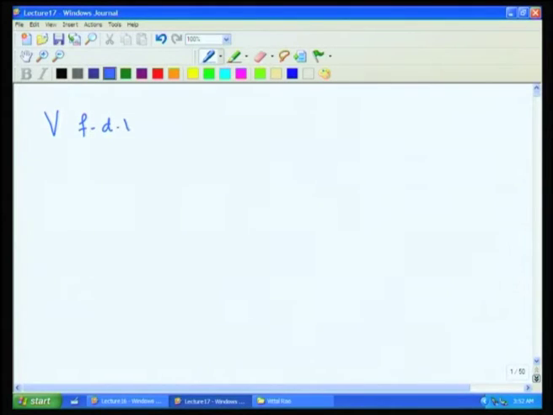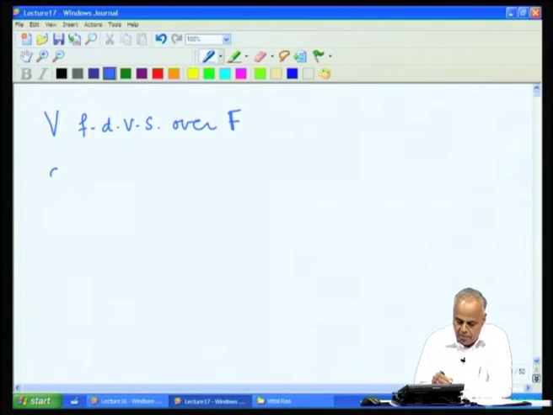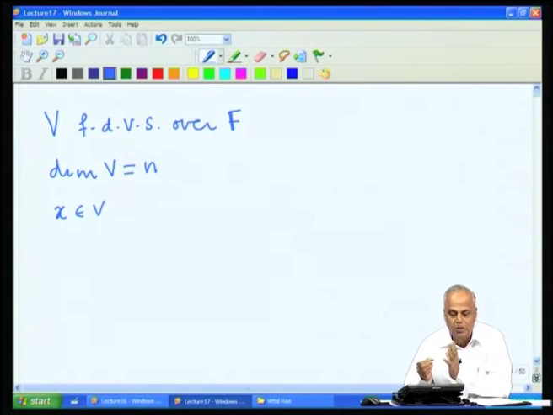In the last lecture, we saw that in a finite dimensional space, we can use an ordered basis to convert, or encode, or digitize every vector into a concrete vector in Fn. So, we have V, a finite dimensional vector space over F, the dimension of V is n, then x belonging to V can be digitized. For this we need some digital equipment and that equipment is our basis.